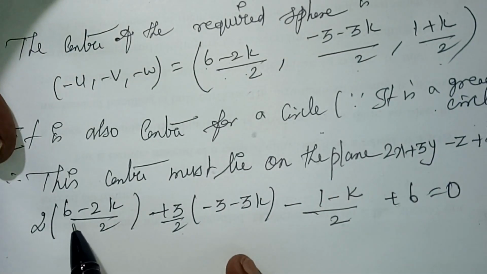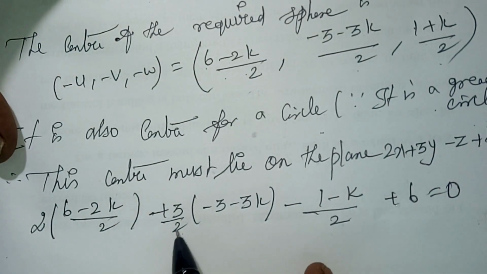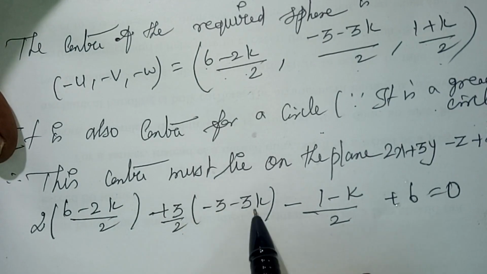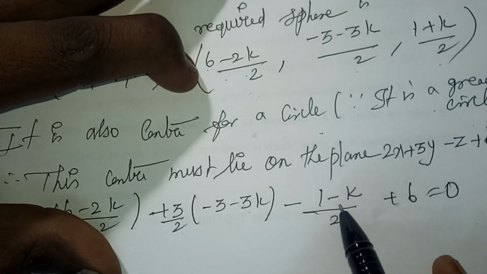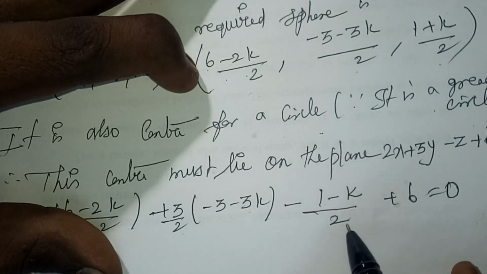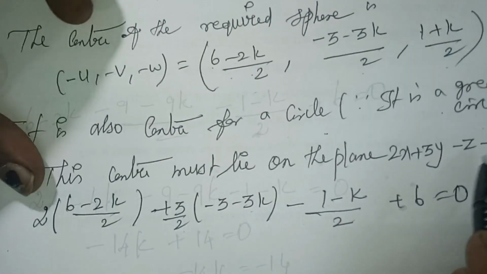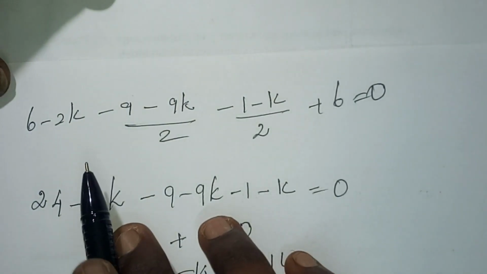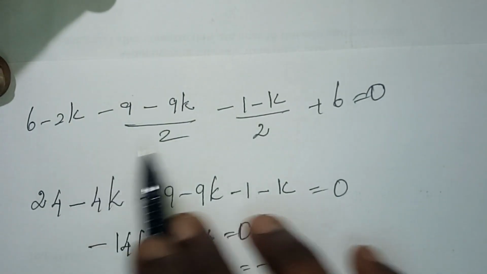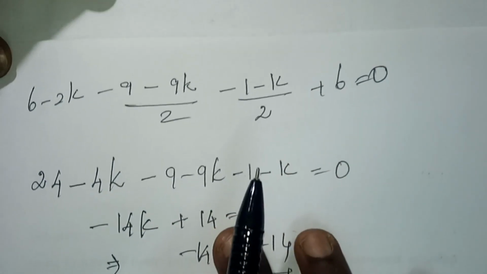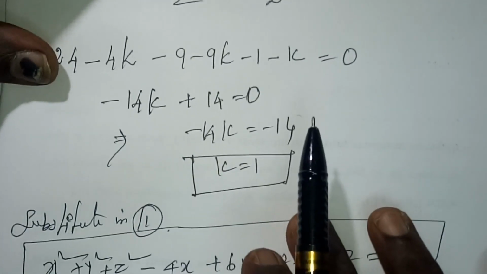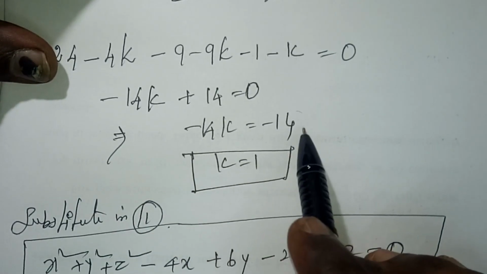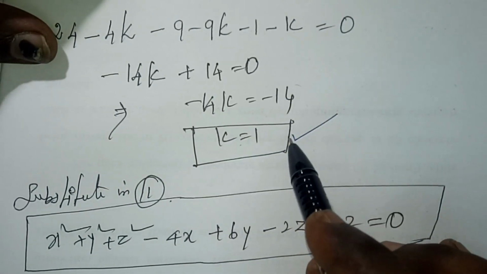So I got 2 times (6 minus 2k)/2 plus 3 times (minus 3 minus 3k)/2 minus (1 plus k)/2 plus 6 is equal to 0. I substituted the values of x, y, z. So I got minus 14k plus 14 equal to 0. So finally minus 14k is equal to minus 14, so k is equal to 1. So I got the value of k.